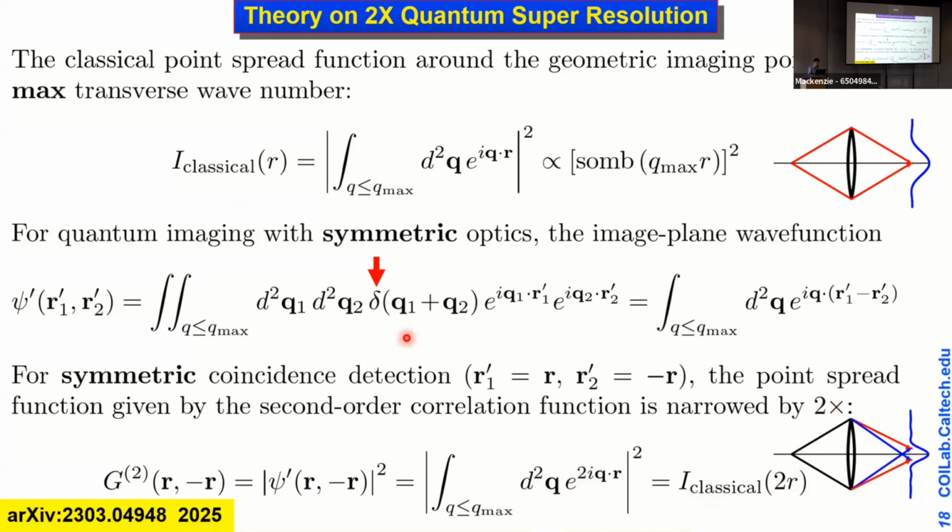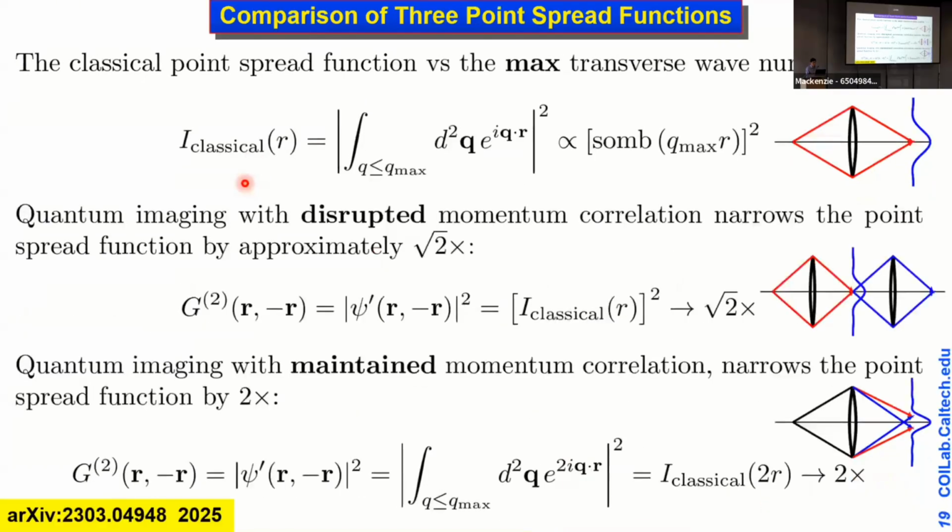Now, if this delta function doesn't exist, again, you will come to a product state, then you will get a classical PSF squared. And so here's a quick comparison. This is the classical version, but if you have a disrupted momentum correlation, you will get a classical PSF squared. That will give you a square root of 2 enhancement.